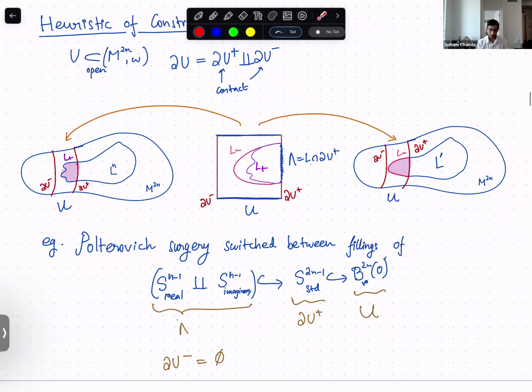And you can see that Polterovich surgery does something similar. Here, U will be the symplectic ball, the Darboux ball. The boundary of the Darboux ball will be the standard contact sphere. The negative boundary is nothing because it's actually a symplectic filling. And you are taking different Lagrangian fillings of this Legendrian: the real sphere inside the contact sphere, and, disjoint from it, the imaginary one.